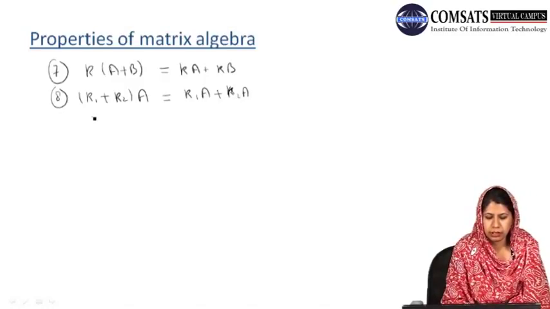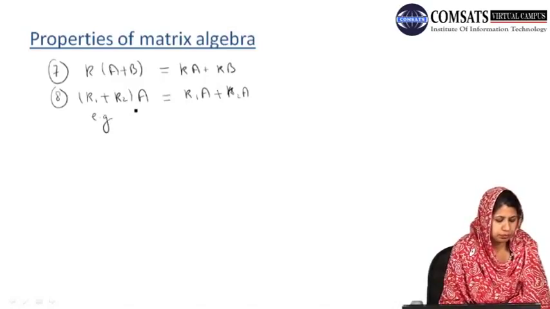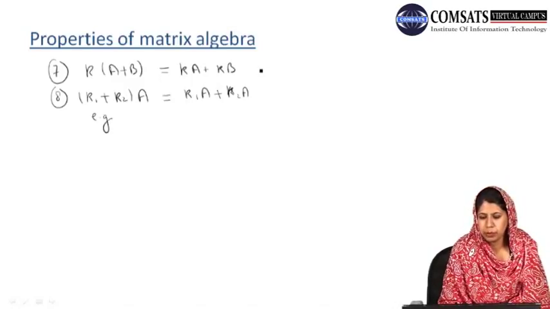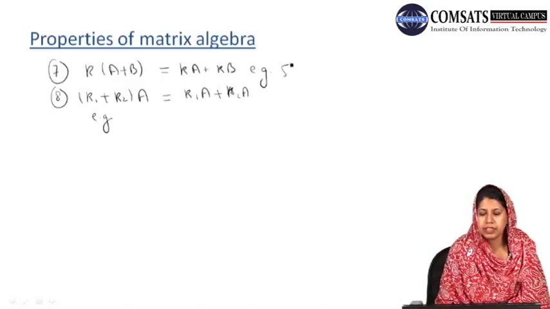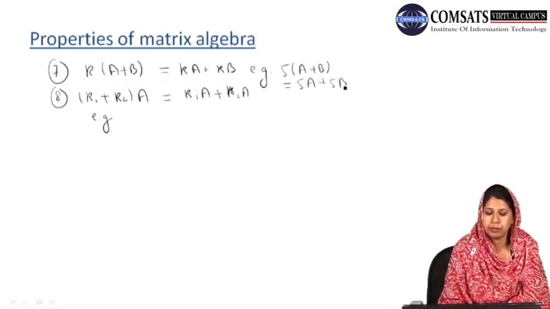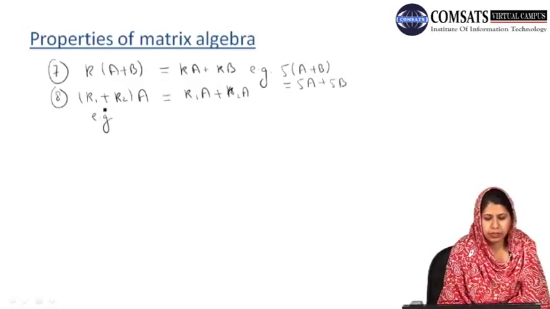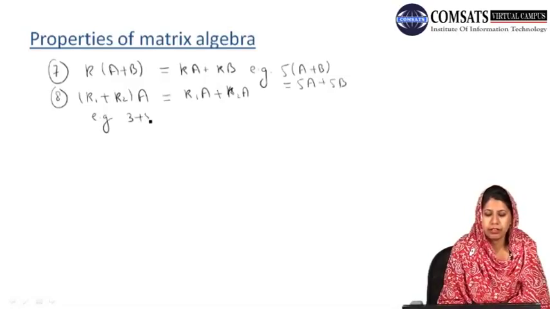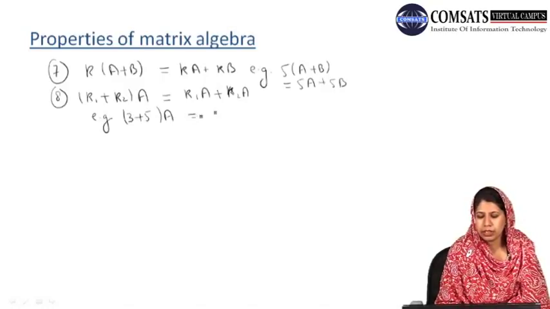For example, in the case of the seventh property, if we have our scalar k equal to 5, then 5 multiplied by the addition A plus B is the same as the scalar multiple of A plus the scalar multiple of B. In the case of property 8, for example, we have two scalars 3 and 5, then either we add them and take the scalar multiple, or we take the scalar multiples separately and add them, and it is the same.